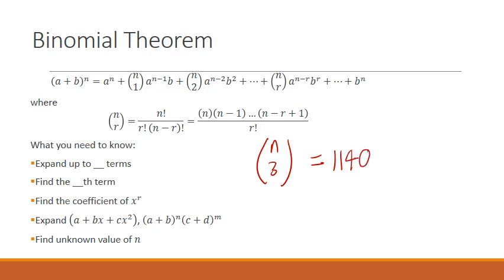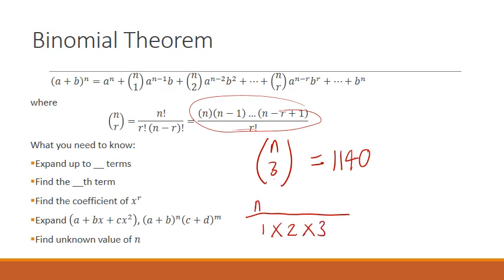And you have no idea how to apply this formula. But you know that r factorial is 3!, so no matter what, the bottom part will always be 1 times 2 times 3. The top part, you realize, will start with n, but I don't know how far I must continue. The tip here is very simple.